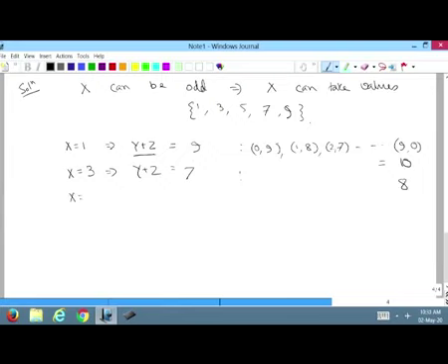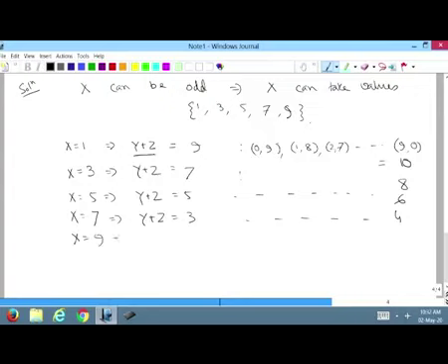Similarly, x is equal to 5 implies y plus z is equal to 5. Therefore, the number of solutions is 6. x is equal to 7 implies y plus z is equal to 3. Therefore, the number of solutions is 4, and in a similar way x is equal to 9 implies y plus z is equal to 1 and the number of solutions is 2.